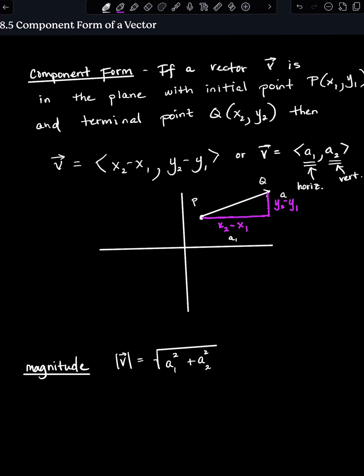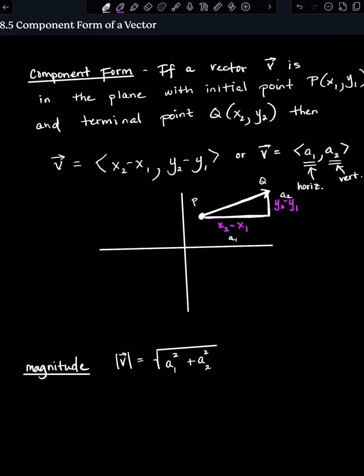Now, if I am looking for the magnitude, remember the magnitude is the length of the vector. Well, if I'm given the horizontal component and the vertical component, how would I find the length of this vector?